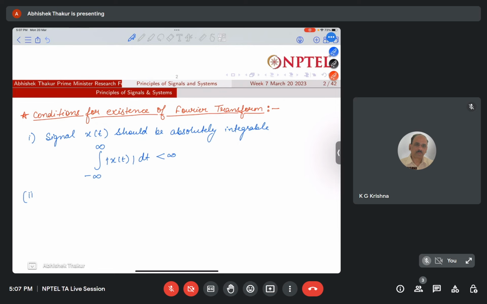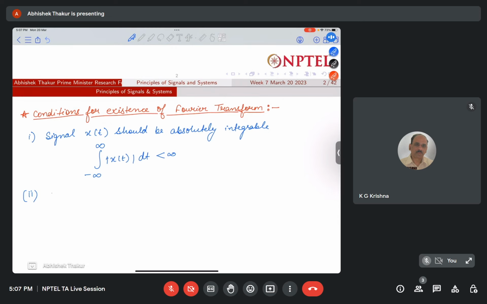Second, signal x(t) should be well behaved over any finite interval. This means it should have a finite number of maxima and minima over a finite interval.